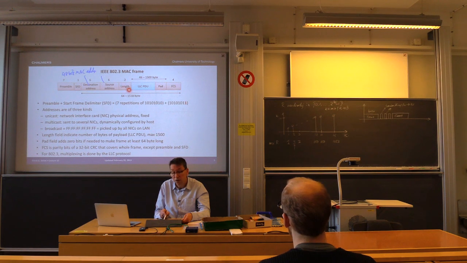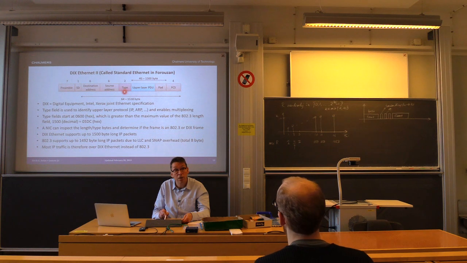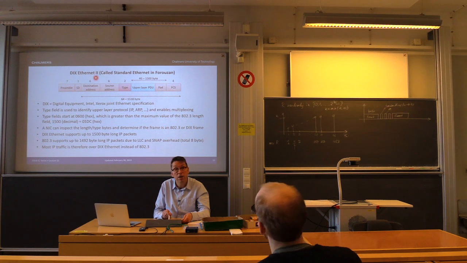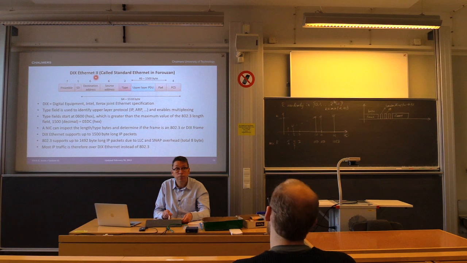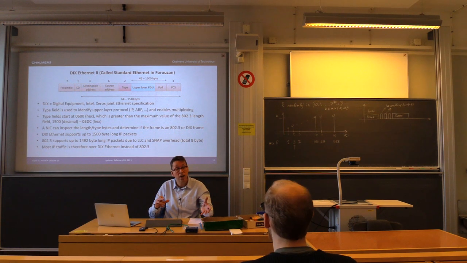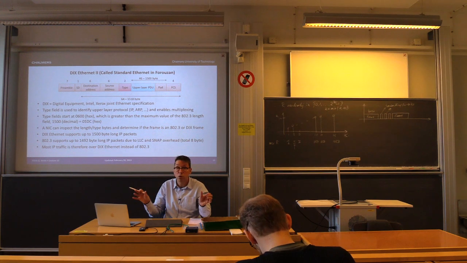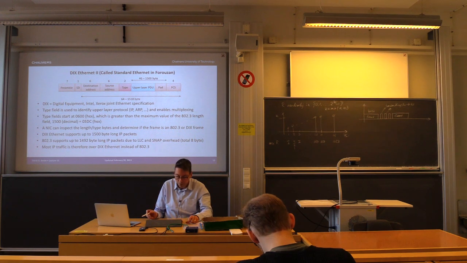If these 2 bytes are less than 1500, it's an 802.3 frame. If these 2 bytes are larger than 1500, it's a DIX Ethernet frame. Okay. So both of these frames can exist on the medium at the same time, and the network interface card can just look at these 2 bytes and determine which frame version it has at the moment here.